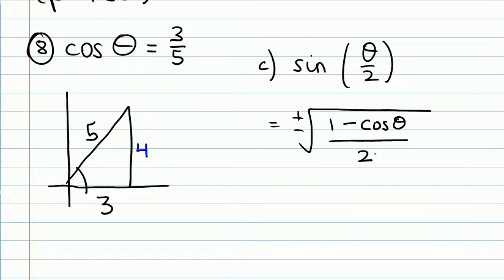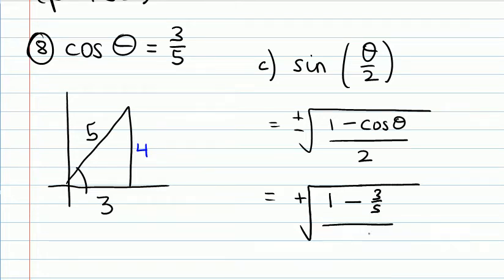When you cut that in half, it will still be in the first quadrant. When you're in the first quadrant, sine is positive. So our answer is going to be the positive square root of 1 minus whatever the cosine is. In this case, it is 3/5, all divided by 2.